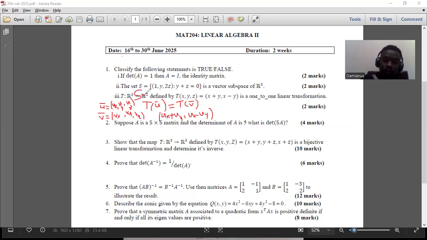Suppose this equals this. The next step is, what does T of u do? Under this map, it just adds the first two and takes the difference. So you get that. And this should be equal to, because you already assumed, T of v, which will be something similar: vx plus vy, comma, vx minus vy.